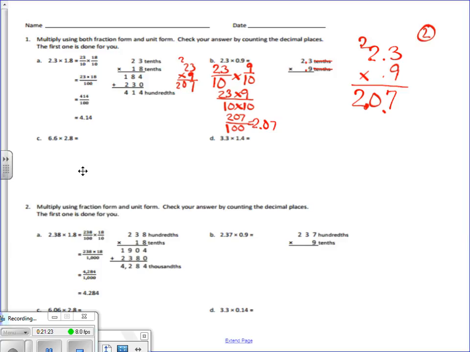Don't let all this word stuff mess you up. I would really want you to practice the fraction form. So it would be 66/10 times 28/10. Just pluck out the decimal.